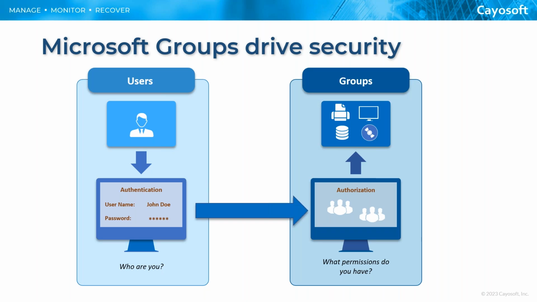Groups, on the other hand, are a direct complement. They are used to identify lists of users that qualify or that are authorized to access digital resources or other physical resources.